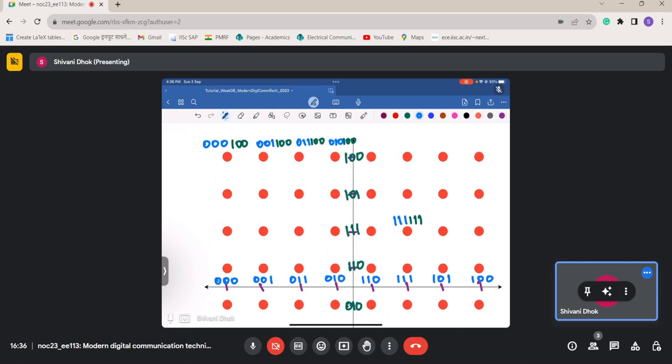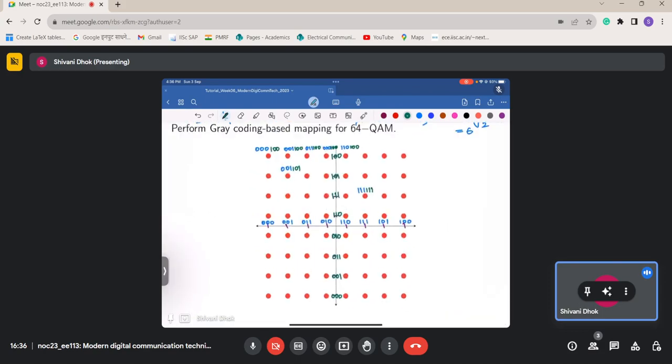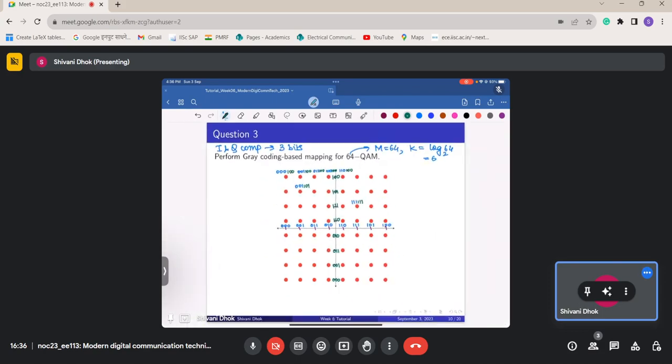Then we have 110, 100, and so on. Then again this point is 001, and the vertical axis is 101, and so on. So you can repeat the same thing and fill up the blanks for all the others.